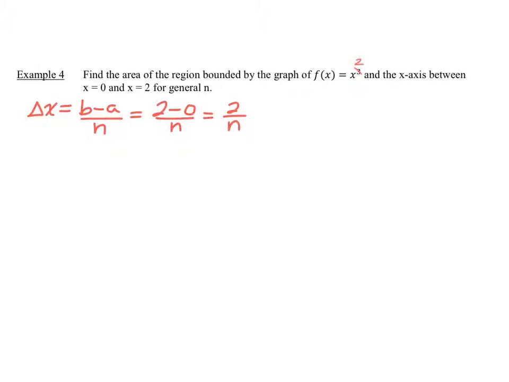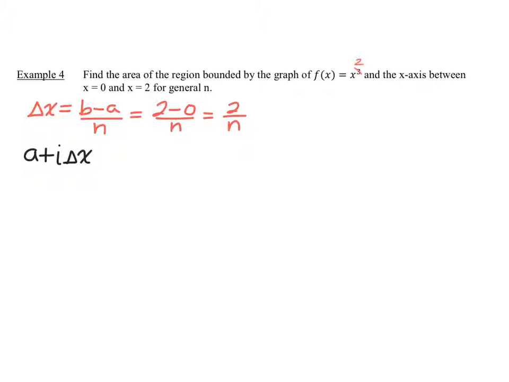All right. Then I want to come up with a general expression that represents the position along the x-axis. For that, we use the expression a plus i delta x. If you're starting off with a, and you're moving i movements in terms of delta x along the x-axis, that'll get you to any important point along the region corresponding to a rectangle.